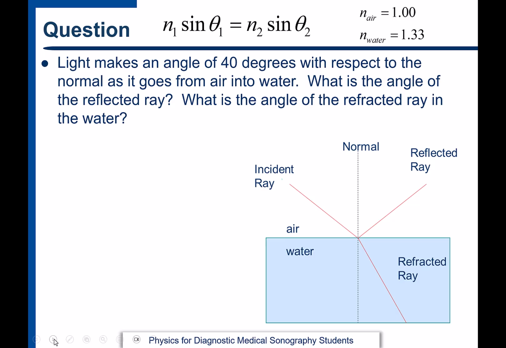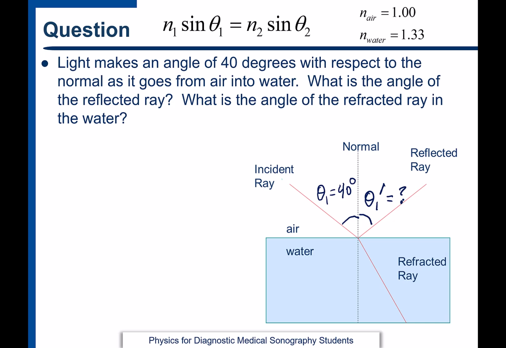All right, let's see if we can figure out how to use this formula. So this problem says light makes an angle of 40 degrees with respect to the normal. So theta 1 is 40 degrees as it goes from air into water. What is the angle of the reflected ray? So that would be theta 1 prime.